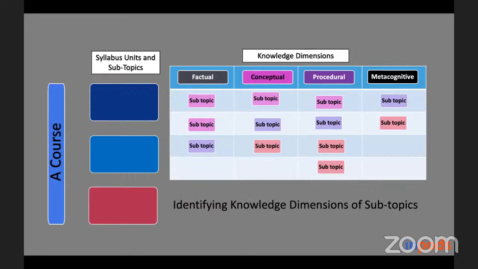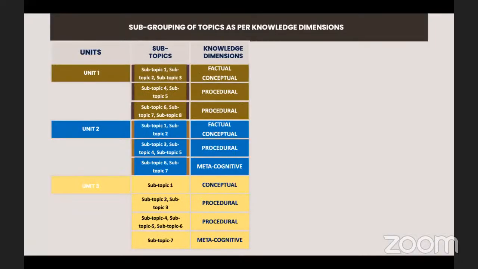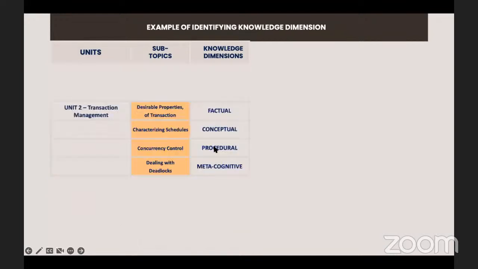Now let me transpose this chart in this manner, but the idea is the same here. I require some area on my right side, so that's the reason I have arranged this chart in this manner. Because these are the three units, subtopics, and these subtopics are related to these knowledge dimensions, right? So this is the way you can do it.